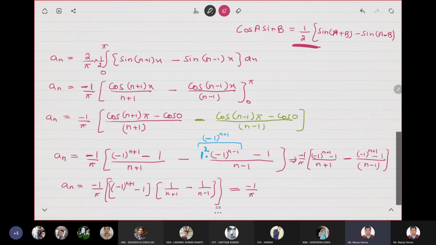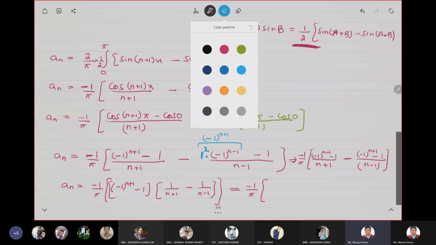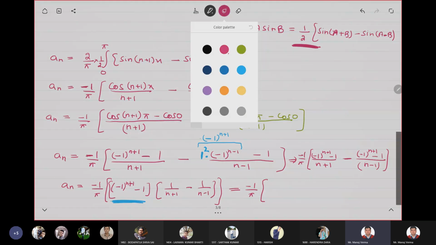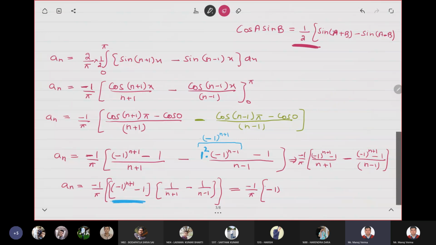Minus 1 over pi. Again from this first bracket, for further simplification, I am taking a minus 1 outside, and this will become minus 1 raised to the power n, minus 1 raised to the power n plus 1, because I have taken minus 1 outside this first bracket.